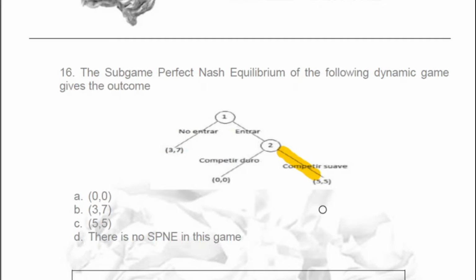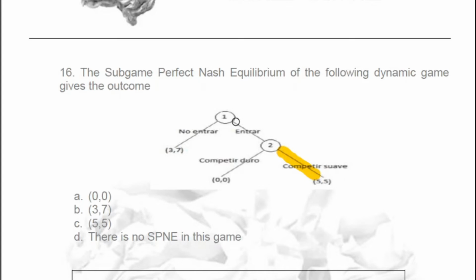Okay. Now we go up, and now player 1 could choose don't enter this market, winning 3, or enter this market, and afterwards, if player 2 is rational, it should choose this. So I, player 1, know that if I choose to enter this market, I should win 5, because I hope that player 2 will act rationally.